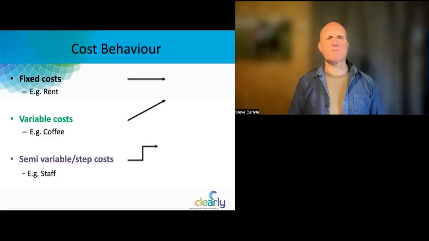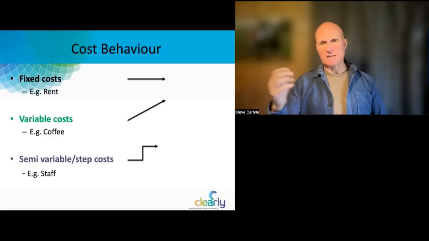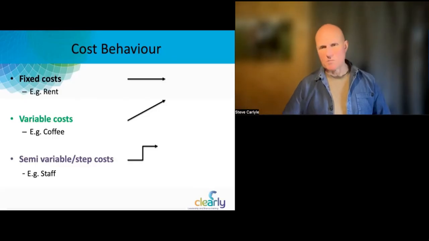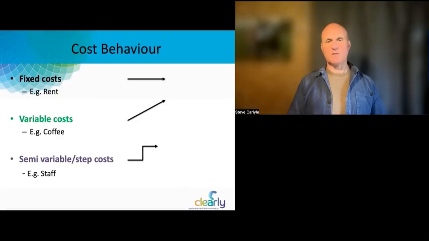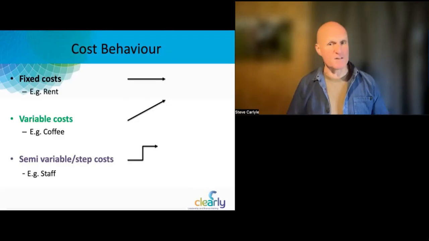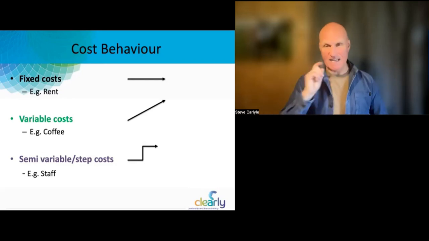An example of a stepped cost would be the staff costs. So what you might find in your coffee shop is that you've got 3 members of staff working there, one making the cappuccinos, one making the sandwiches, and one serving. And when you've got 100 customers a day, you've got 3 members of staff. 120, you've got 3 members of staff. 150, when you get to 150 customers a day, then you need an extra member of staff.